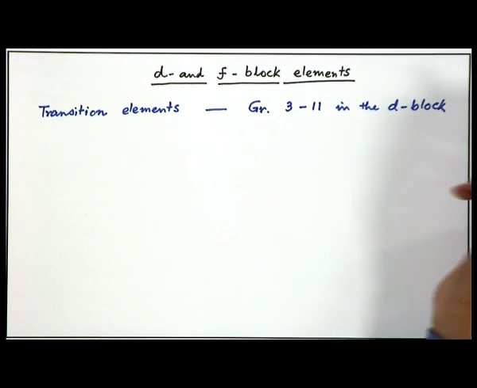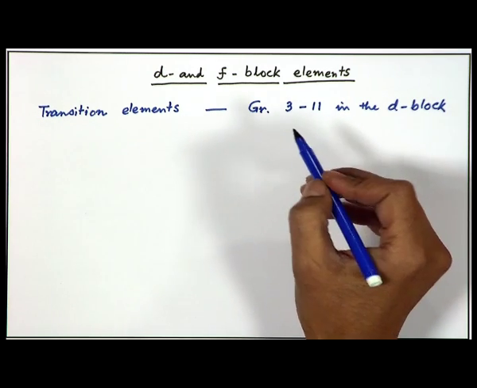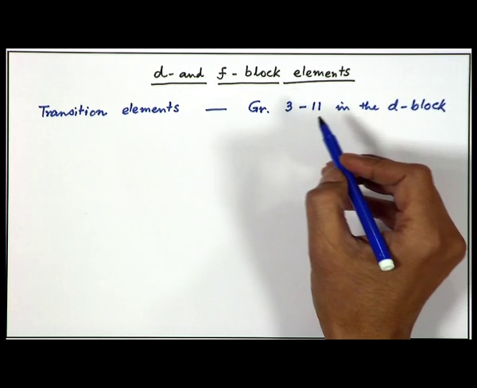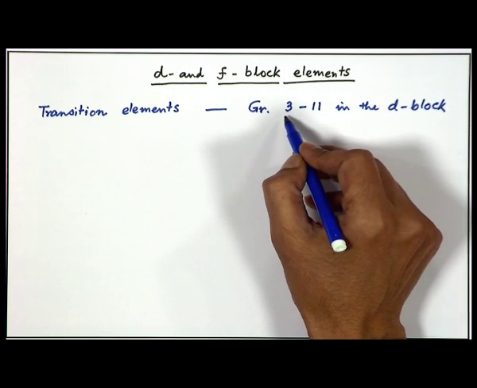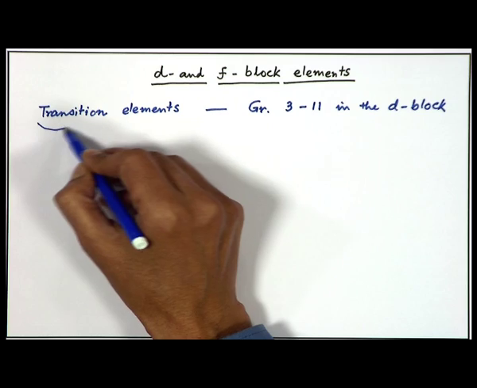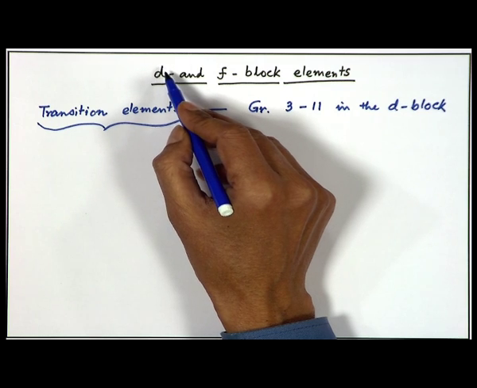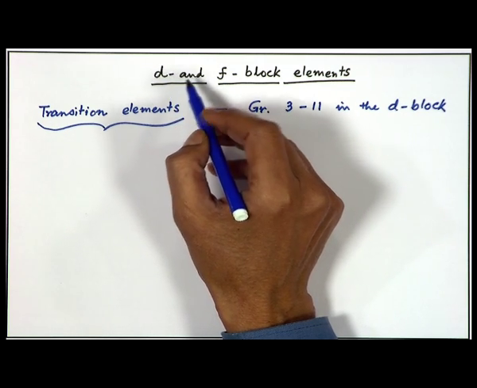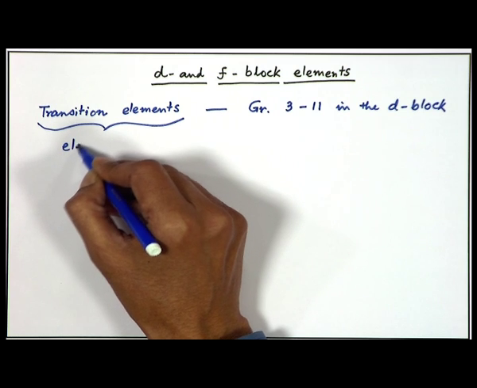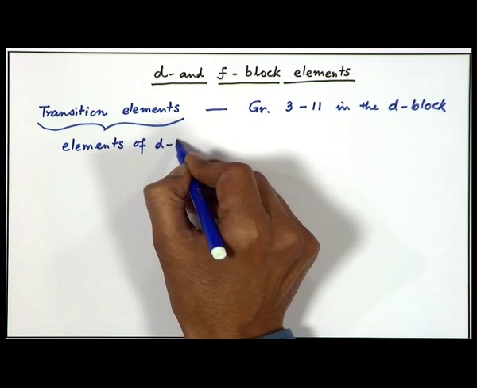So, we all know that when we start from the left hand side of the periodic table, we find that group 1 and group 2 elements are there, and then group 3 up to group 11 will come. These transition elements, if they are present from the occupancy in the D shell, then we consider them as elements of D block.